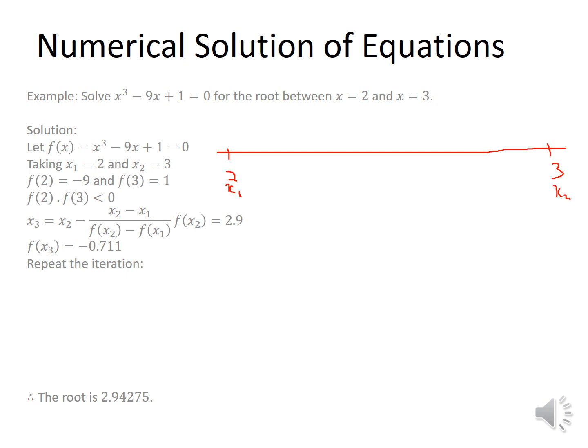And f2 is a negative value, and f3 is a positive value. So confirm the root is between 2 and 3. After we perform our formula of the first iteration, the value is 2.9.